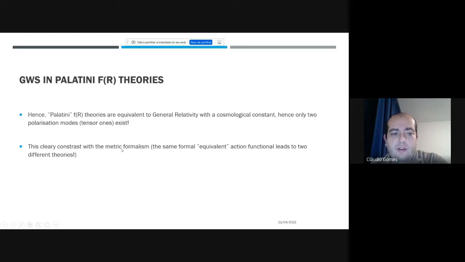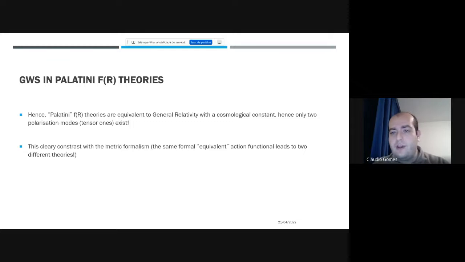Okay, this clearly contrasts with the metric formalism. So the same formal action functional leads to 2 different theories. You see, f(R) theories in the metric approach are different from f(R) theories in the Palatini approach, and so are the polarization modes and the gravitational wave solutions.